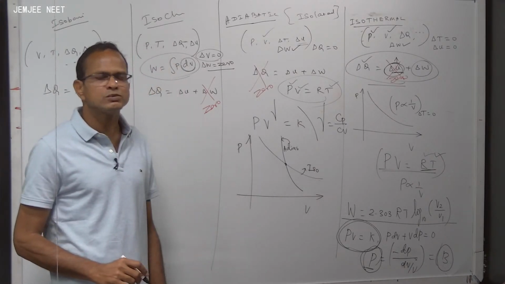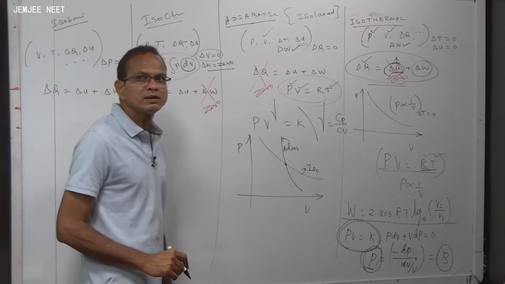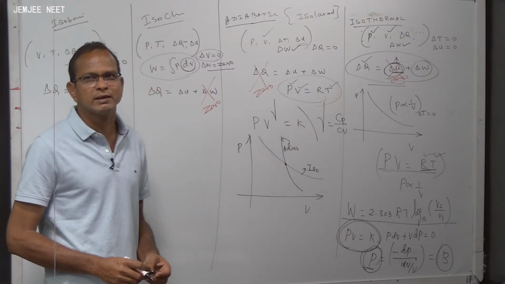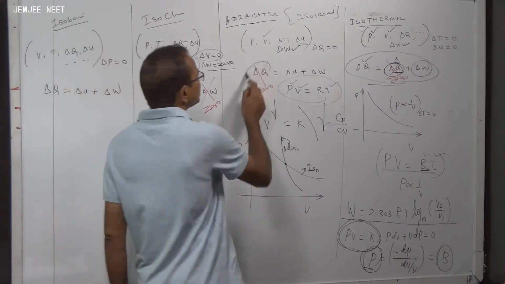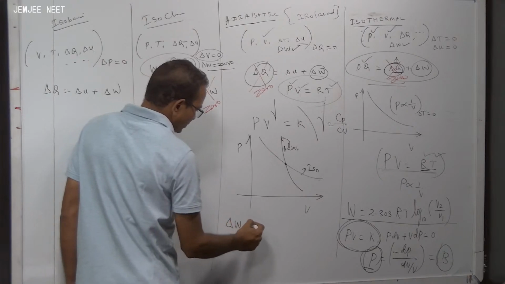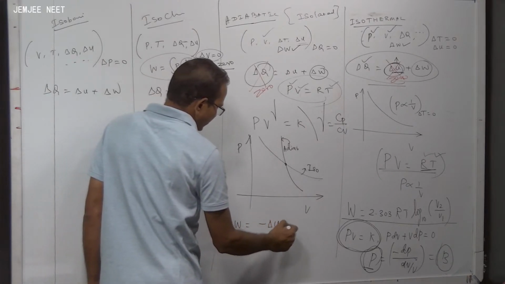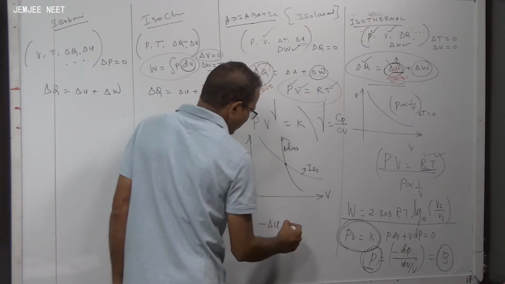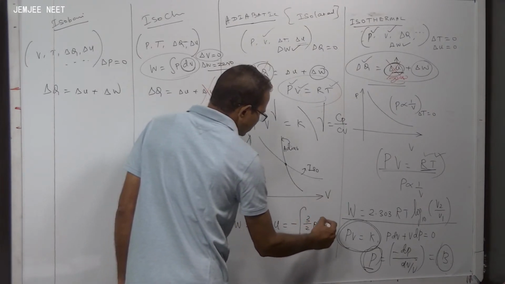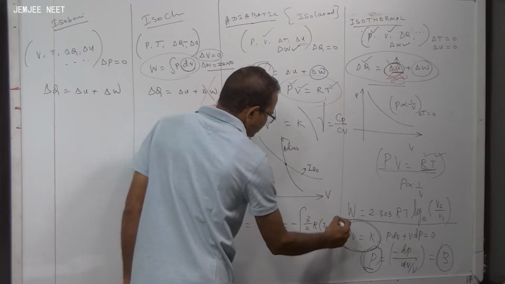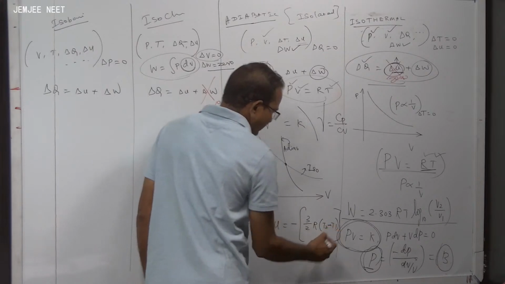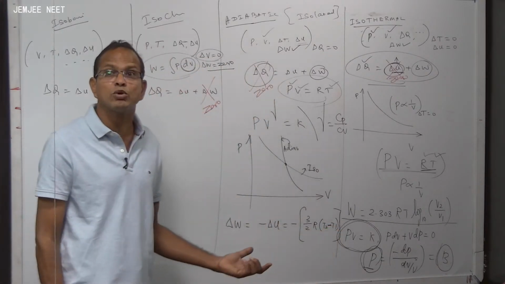What is the work done in an adiabatic process? Look, the heat is 0, and the work done is nothing but the negative of the change in internal energy. What is the negative of the change in internal energy? Negative of 3 by 2 R times T2 minus T1. So simple it is, if it is a monatomic gas.